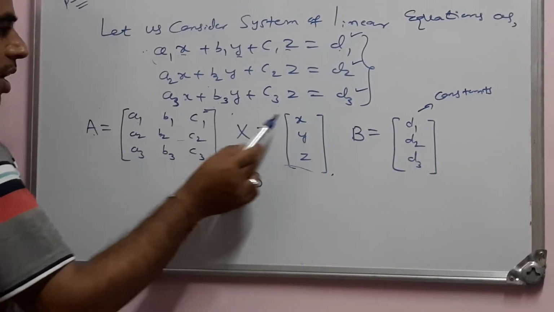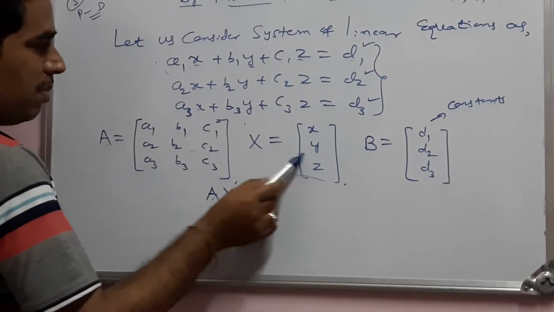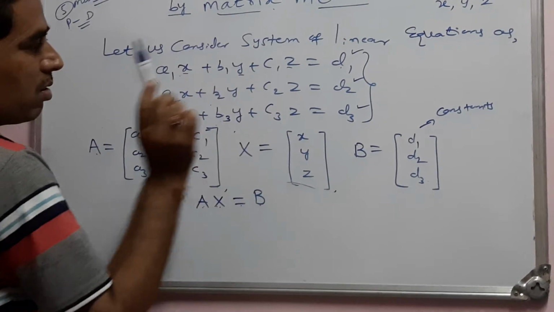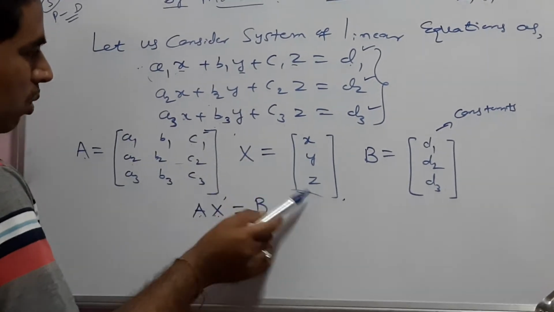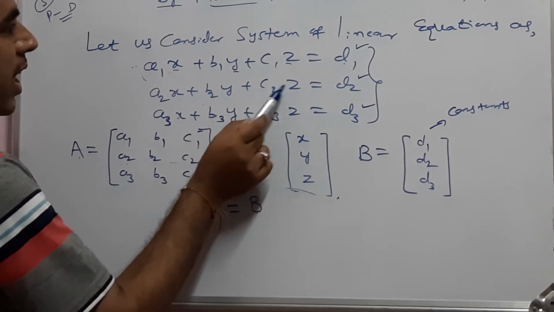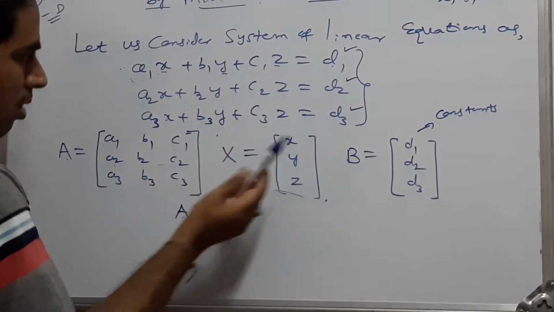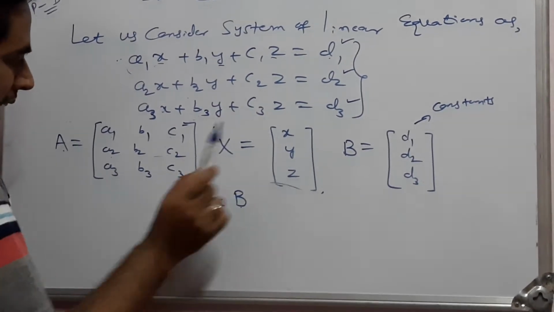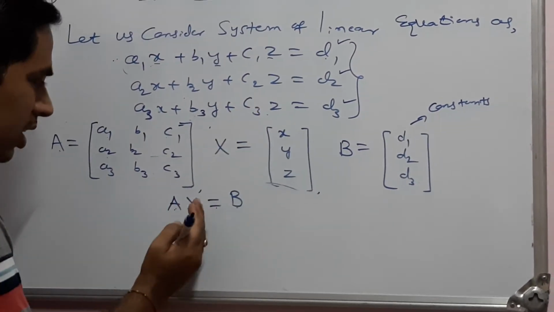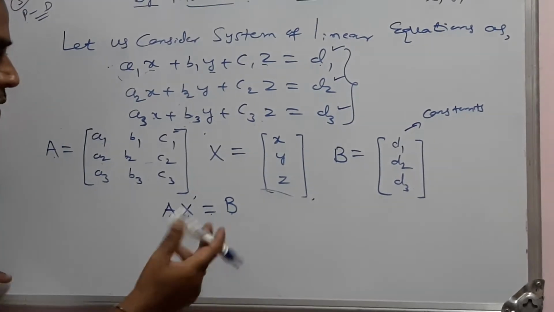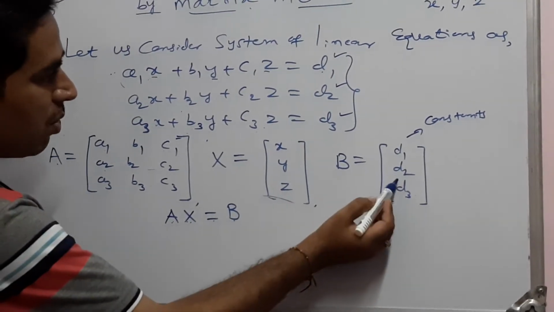AX means a1x plus b1y plus c1z. Then second row, a2x plus b2y plus c2z. Then third, a3x plus b3y plus c3z. Then this is equated to the right hand side, B, that is d1, d2, d3.